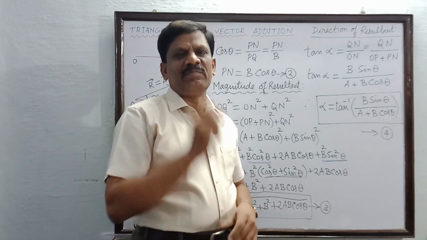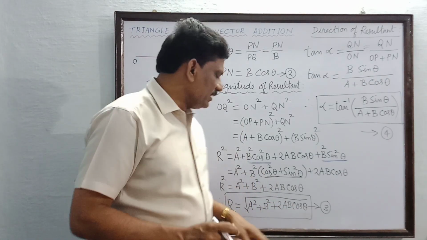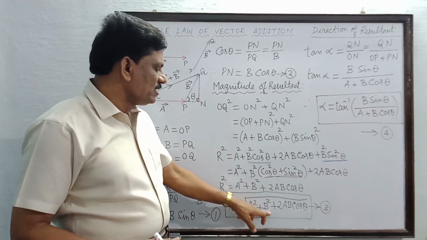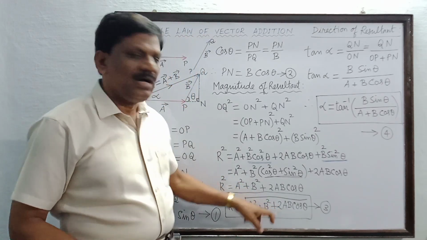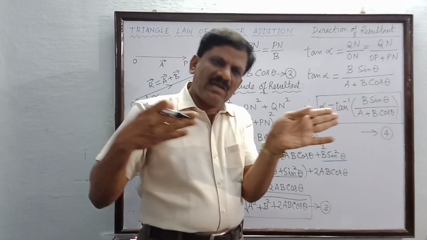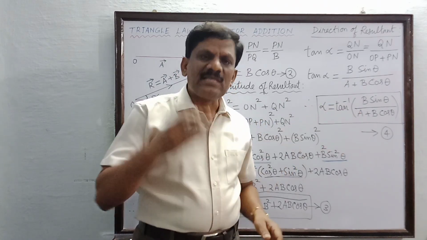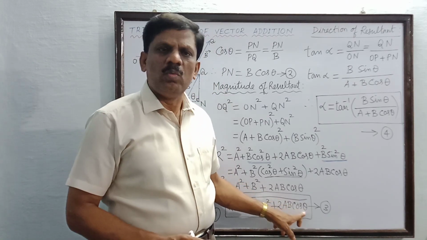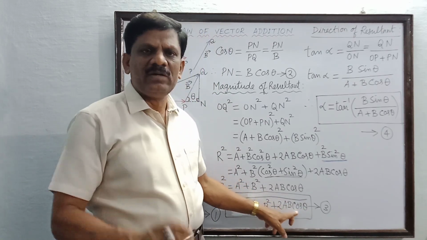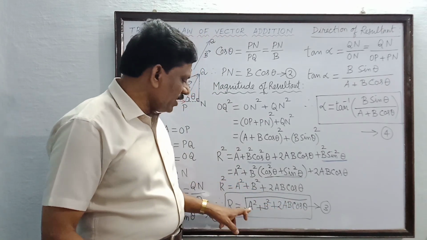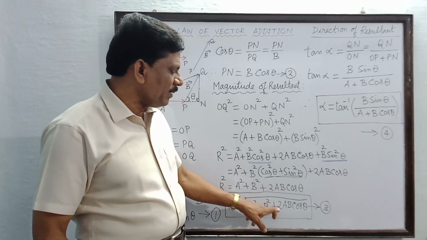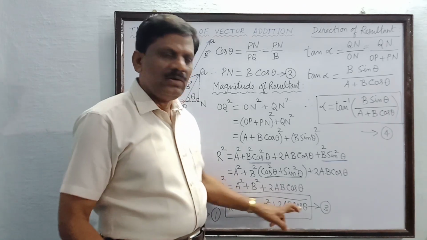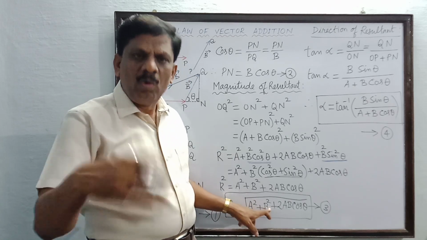Say for example, these two vectors are along the same straight line. That is theta is equal to 0. So cos 0 will be equal to 1. So inside the square root, A square plus B square plus 2AB into 1, so square root of A plus B whole square.